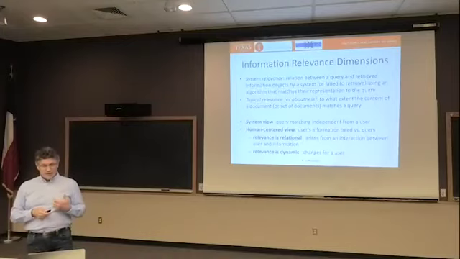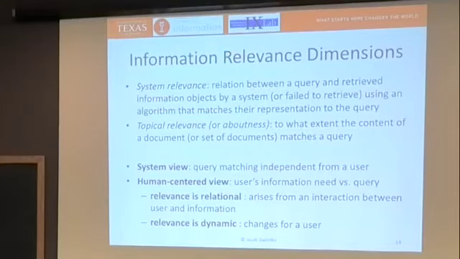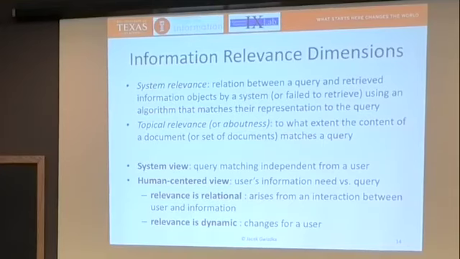And in information science, relevance has been understood to have multiple dimensions. Some of them are system relevance, which is the relation between the query specified by a person and the information objects retrieved by an algorithm, or not retrieved if the algorithm doesn't match the objects the way we expect it to.